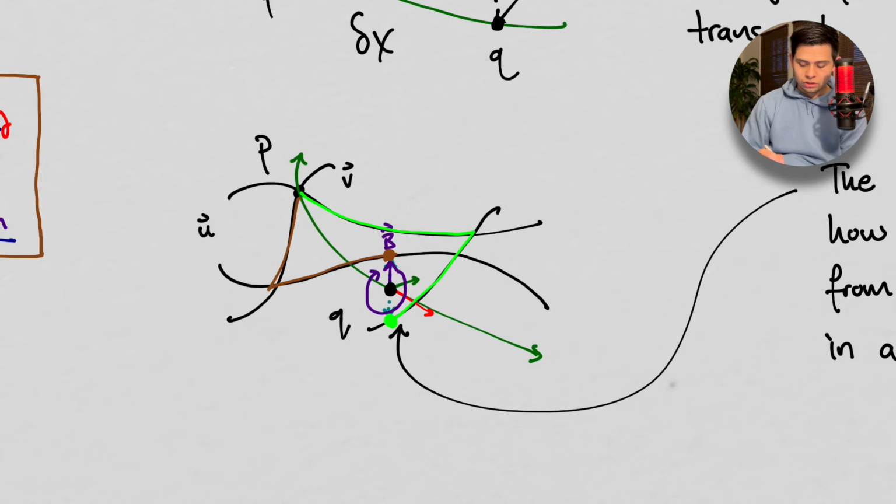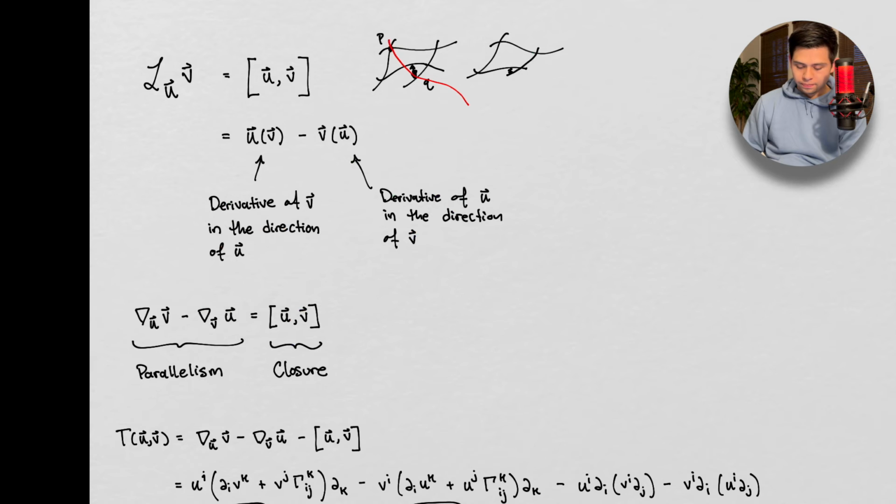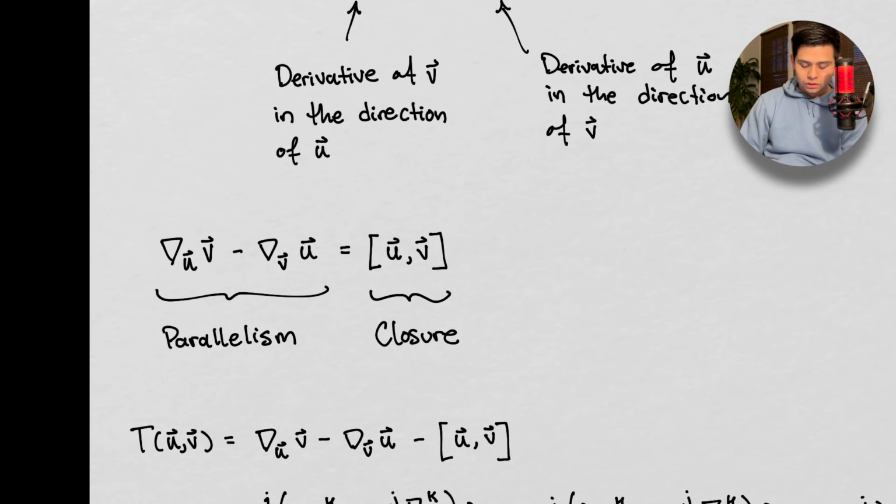The change if we were to go in one direction, as opposed to the change if we were to go in another direction. So the closure here, and then we have this parallelism.